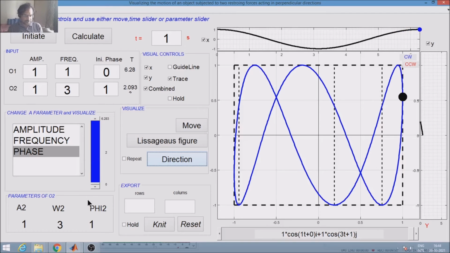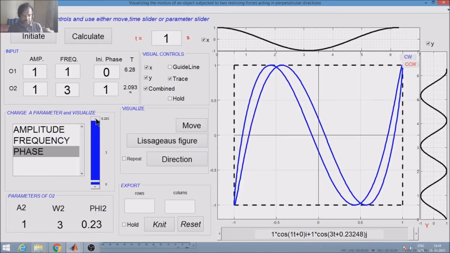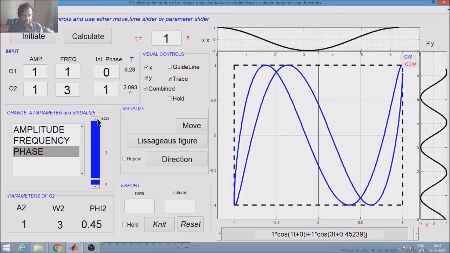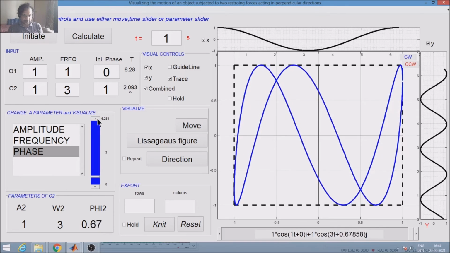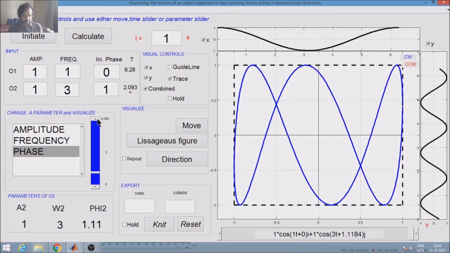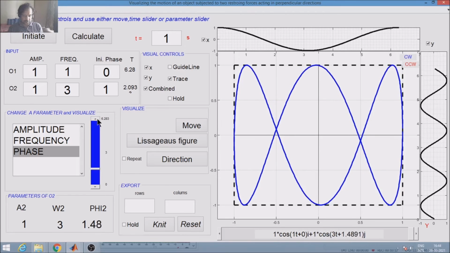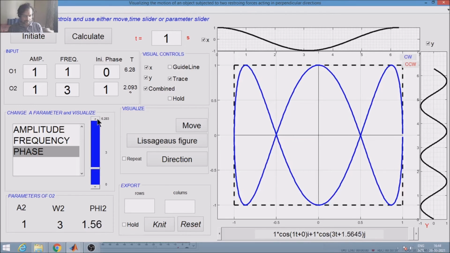Again, when we change the phase here, similar thing would happen from 0 to 2 pi. I'll make it faster. So this is phase difference 0. At pi by 2, it becomes symmetric.